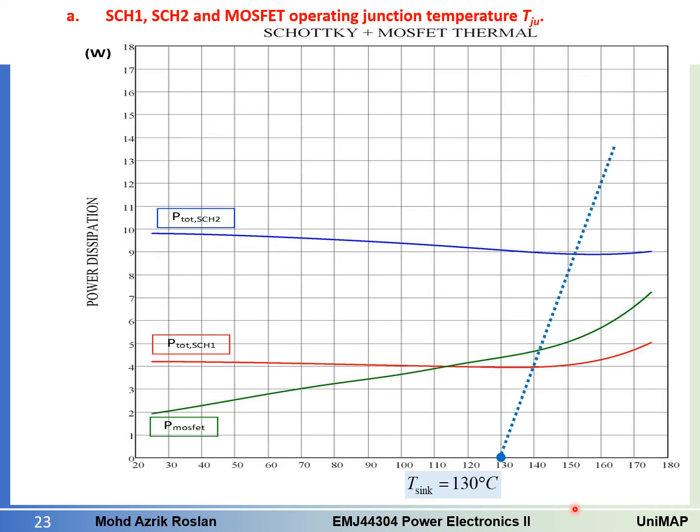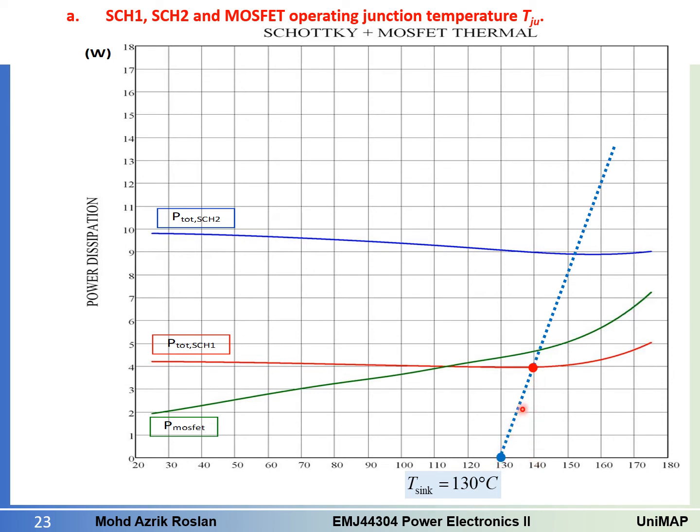So remember that we want to draw a line at this point. If you look closely, the increment is 10 degrees C, from 130 to 140, and the power increases by 4. Remember our calculation for the power: when we increase the temperature by 10 degrees C, the increment of power is 4.